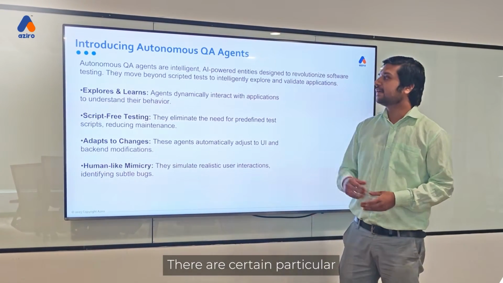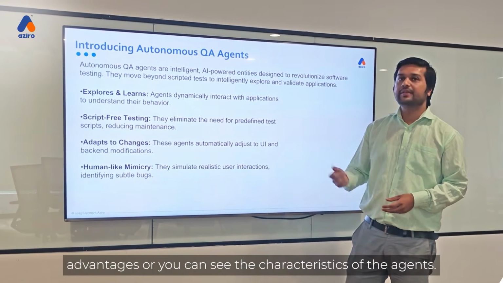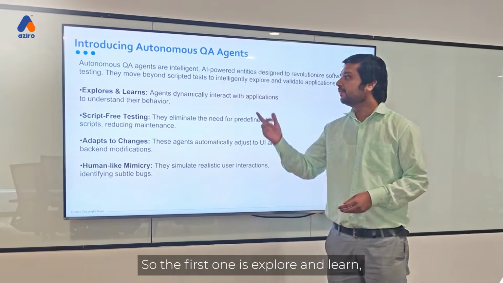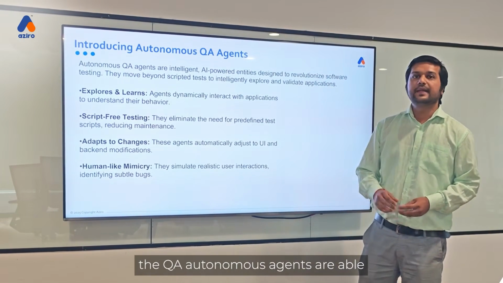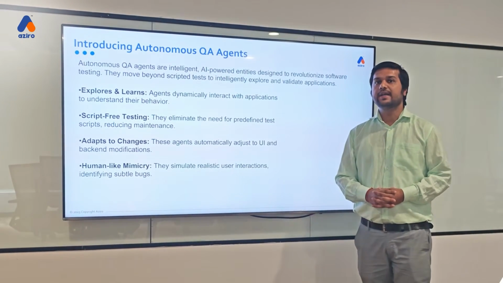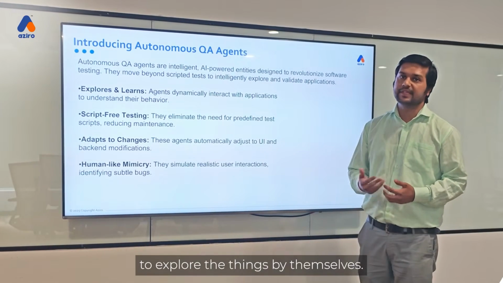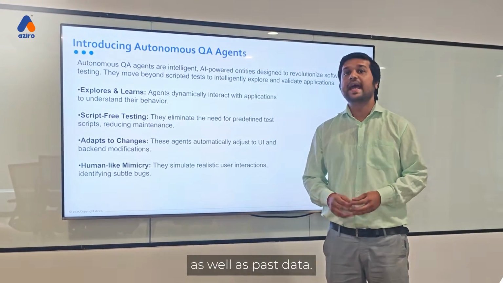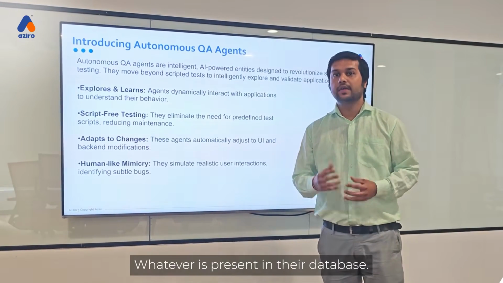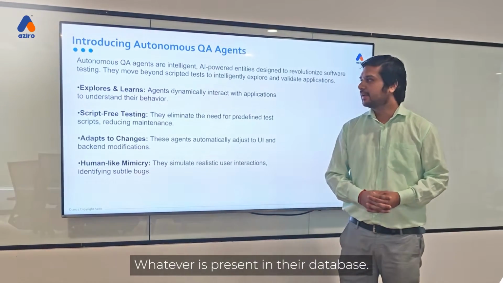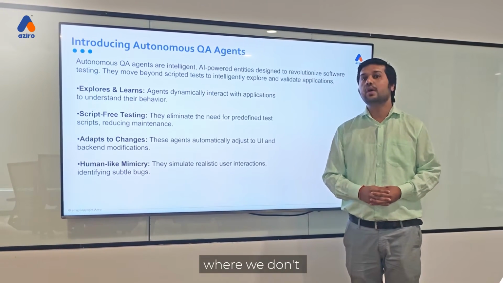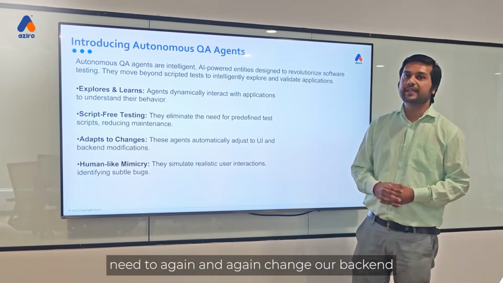There are certain advantages, or you can say characteristics, of the agents. The first one is explore and learn. The autonomous QA agents are able to explore things by themselves, and they are also able to learn from their past mistakes as well as past data present in their database. We also have script-free testing, where we don't need to again and again change our backend scripts.